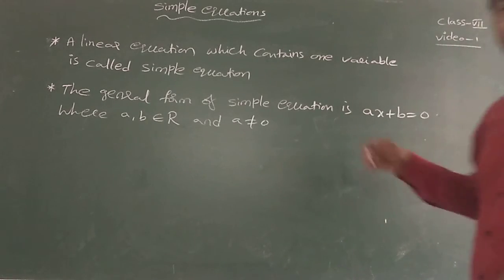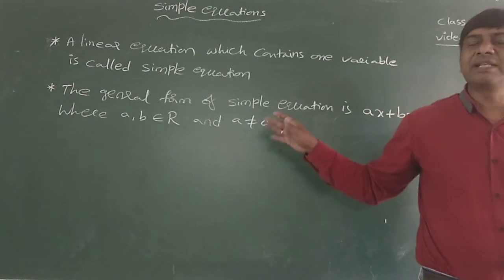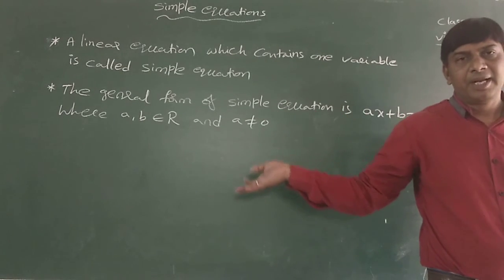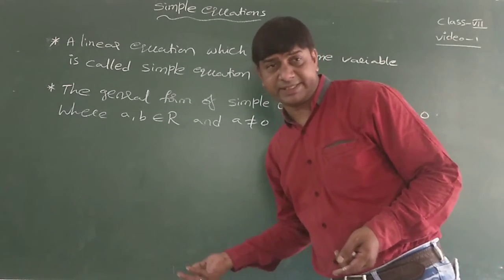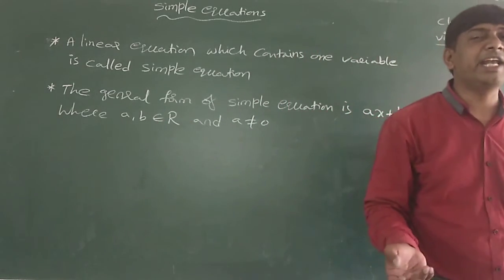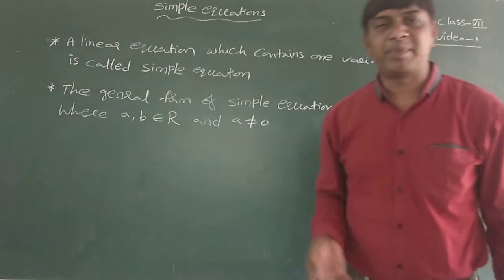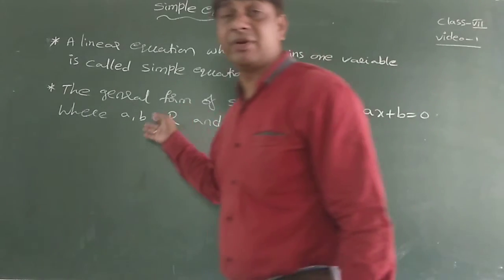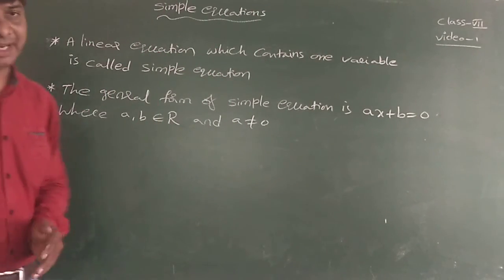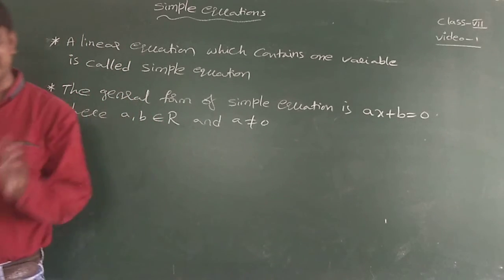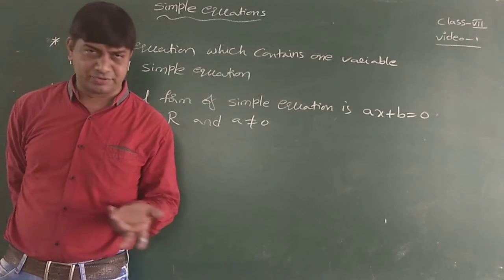Since you will discuss only integers now, integers are what we will use here, but in higher classes a and b can be any real number. In this class you will learn about integers only, so a and b may be integers.